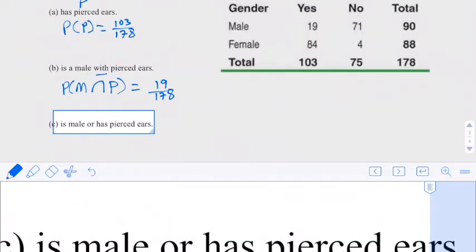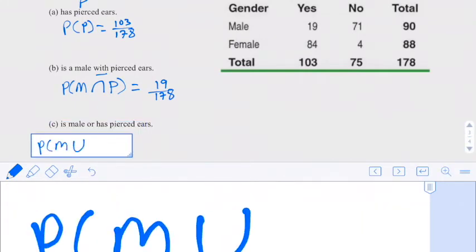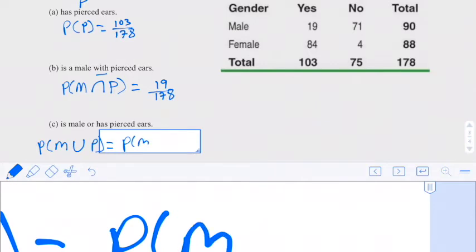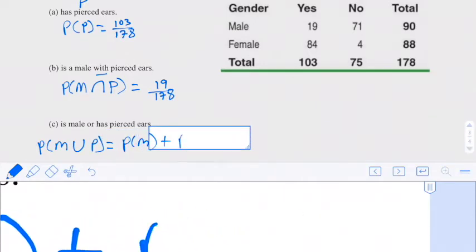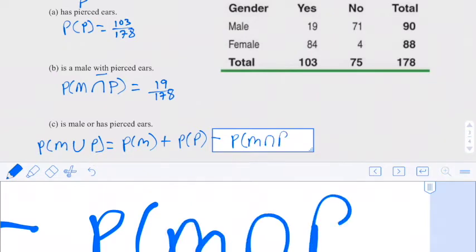We want to know the probability that they're male or have pierced ears. Well, we have the probability that they're male or, union, have pierced ears. This is the probability that they're male plus the probability that they have pierced ears minus the probability of both male and have pierced ears.